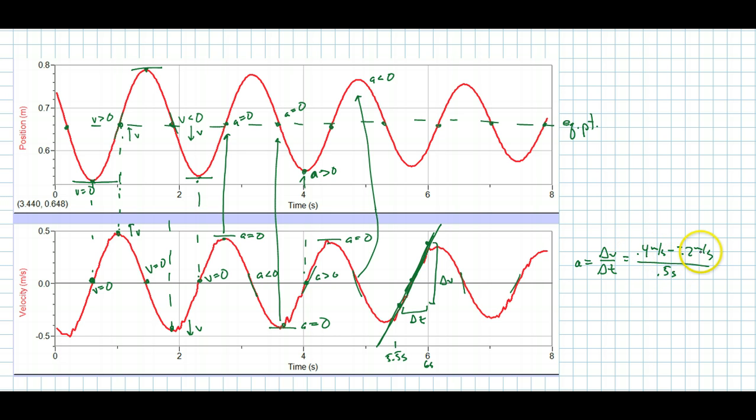So our delta V is 0.6 meters per second in half a second. So that's going to be 1.2 meters per second squared as our maximum acceleration. It's that positive, and then over here on the other side it's the negative of that, and it just sort of oscillates between those two values.